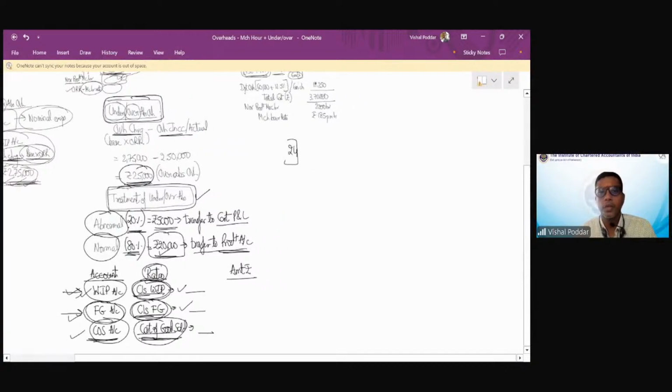So first is the working of my under or over absorbed overheads. It is overheads charged minus overheads incurred. Charged in this case is my machine hours, which is my base, into my ORR. Machine hours are 70,000 hours. ORR is 6.